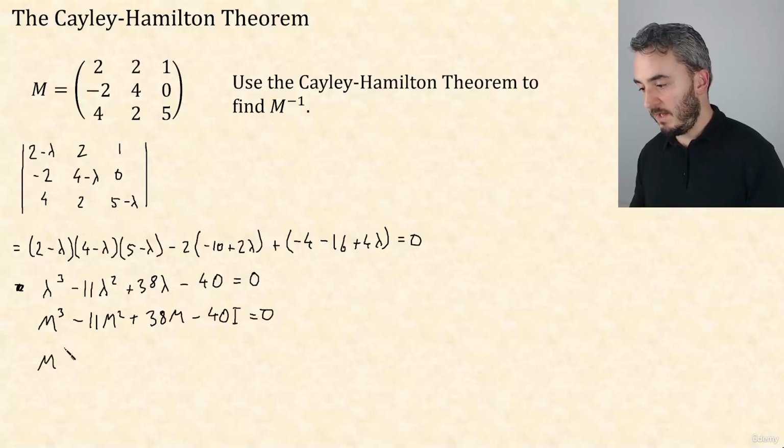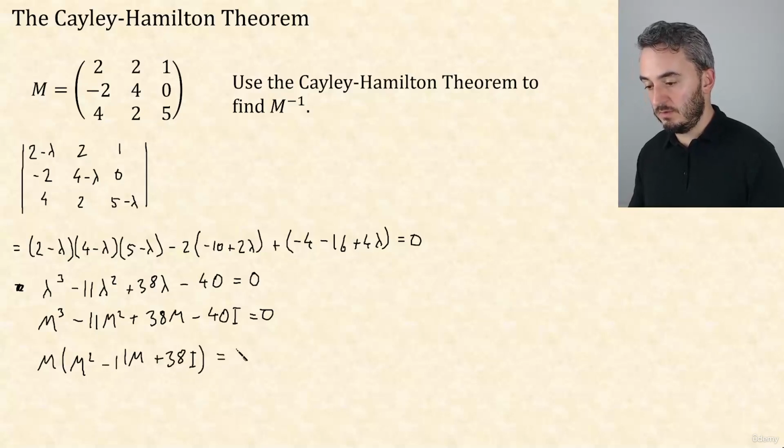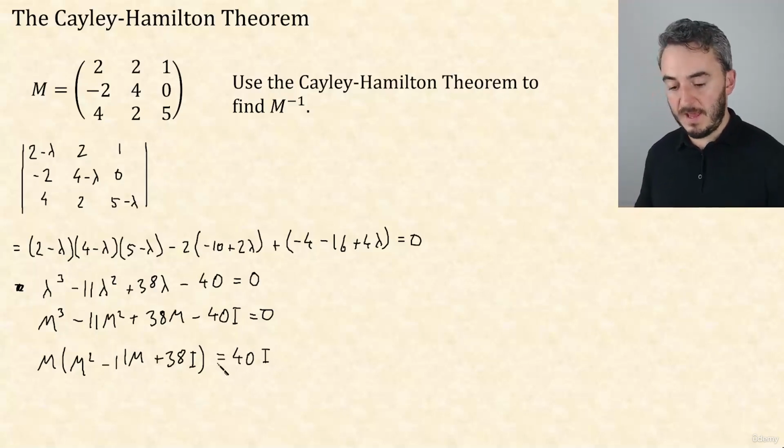Factorize out an M, and we get M squared minus 11M plus 38 times the identity should equal 40 times the identity. That means that M squared minus 11M plus 38I divided by 40 should be the inverse of M.